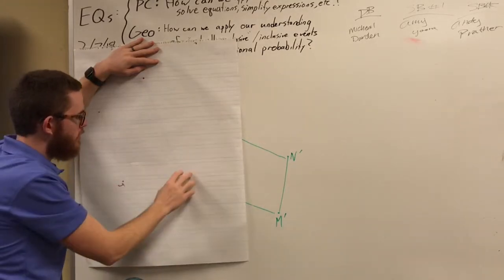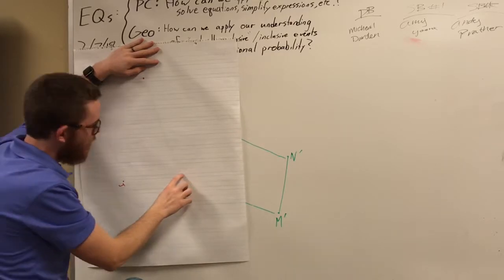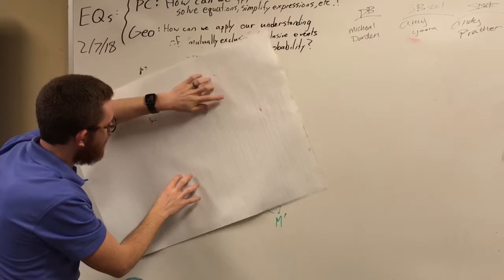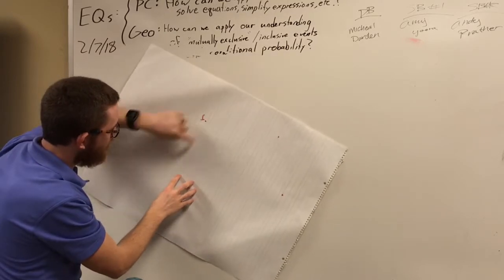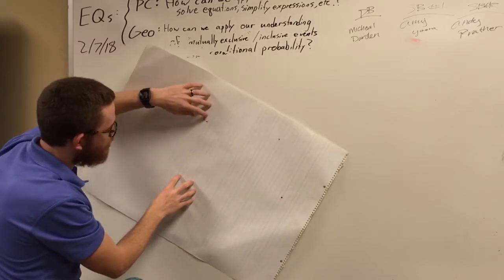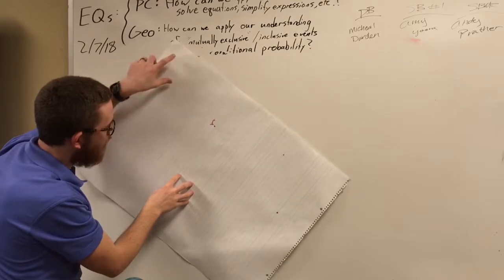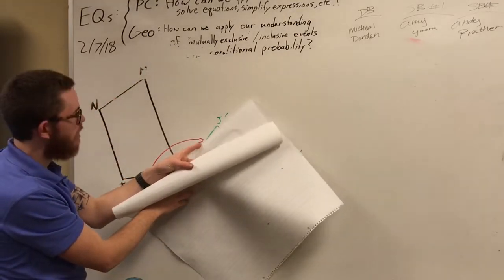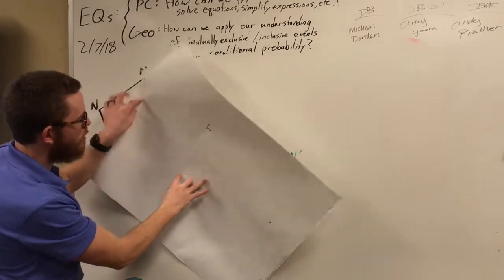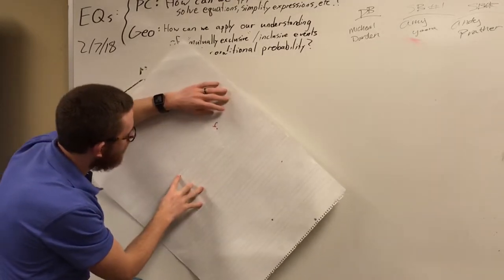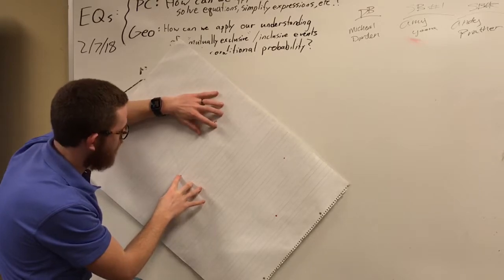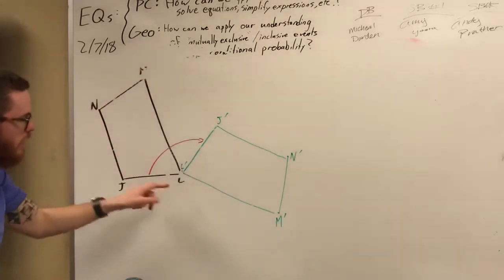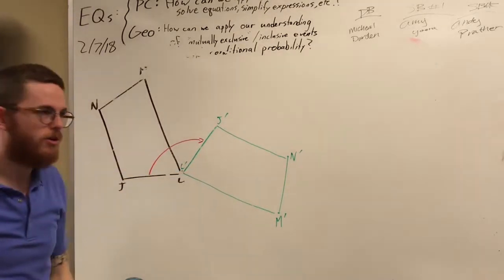So I've got this, and I know I want to rotate it about point L. So I would rotate, rotate, and rotate until that segment between L and J lines up with the end of that arrow, because I want to rotate it until it stops right there. And then I plotted these points on the whiteboard, and that's where we got this figure right here.